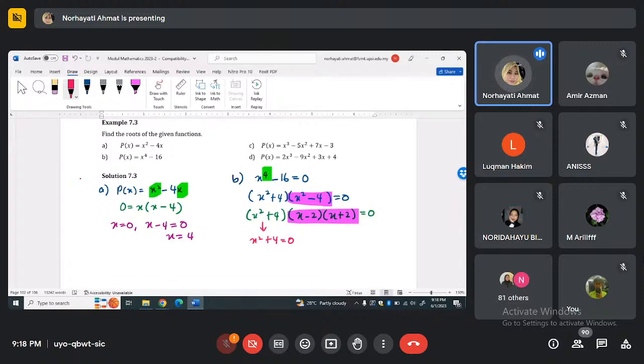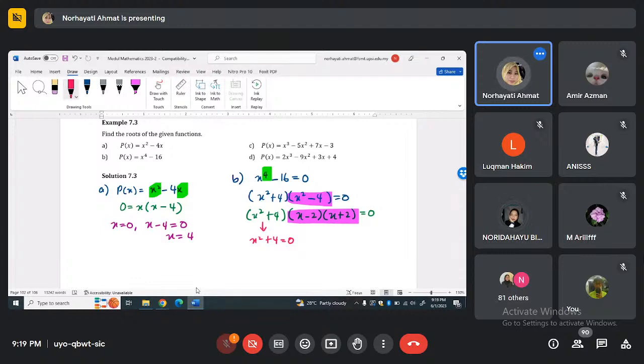So can we get value for x, class, from this equation? Boleh? Macam mana? Complex number. Dia jadi complex number sebab negative square root.